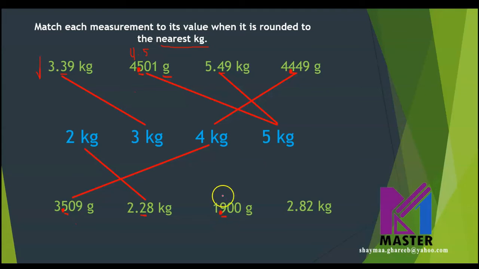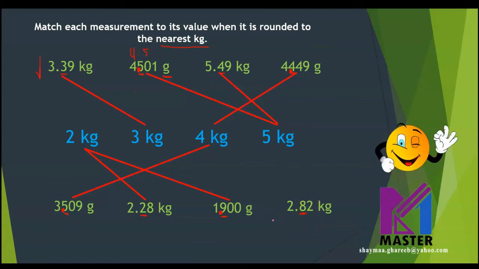Up, because I have 9 in the 10th place. So it will be 2 kilograms. 2.82 kilograms. The digit in the 10th place is 8. So I will round up. Then the 2.82 will be 3 kilograms.